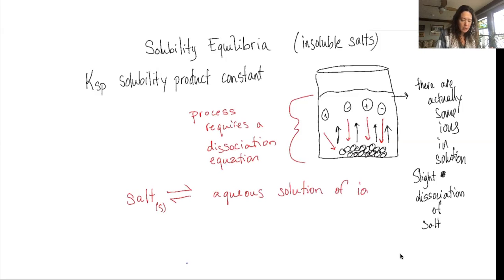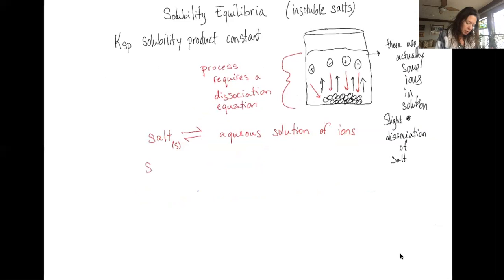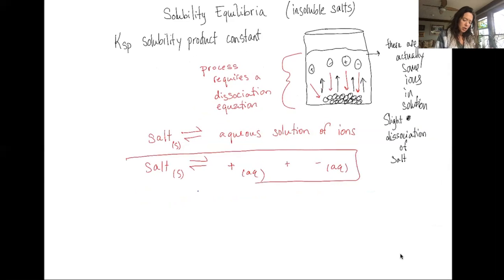And I hope I'm not making this sound too hard. I'm trying to help you to realize how simple this is. So it will always be a salt, solid, in equilibrium with the aqueous cation and the aqueous anion. And that's your generic dissociation equation, right?